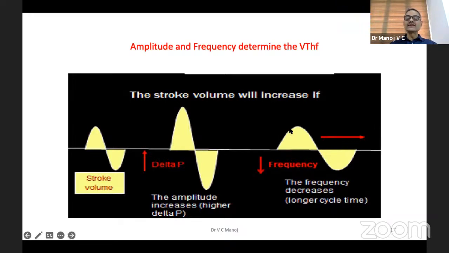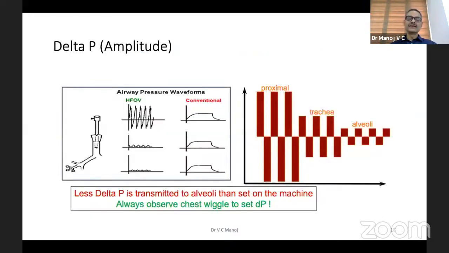You have to get into the next cycle, so the total area is going to come down. Whereas if you reduce the frequency, longer cycle time will enable more area. That is why smaller frequencies, because these are very, very small frequencies, lesser than the dead space ventilation, that's what you're doing. So here, smaller frequencies will be more effective. I'll explain this further subsequently.